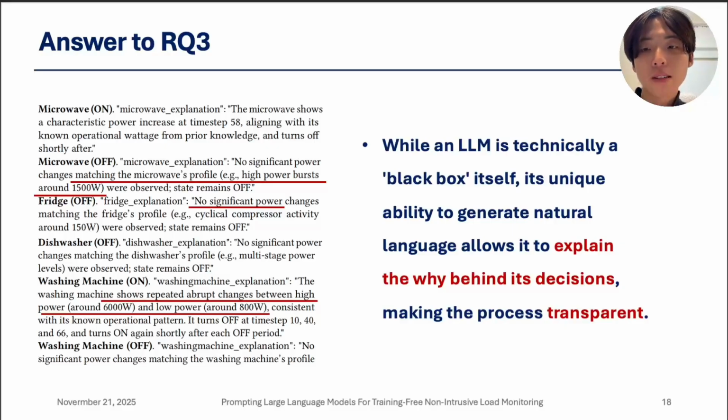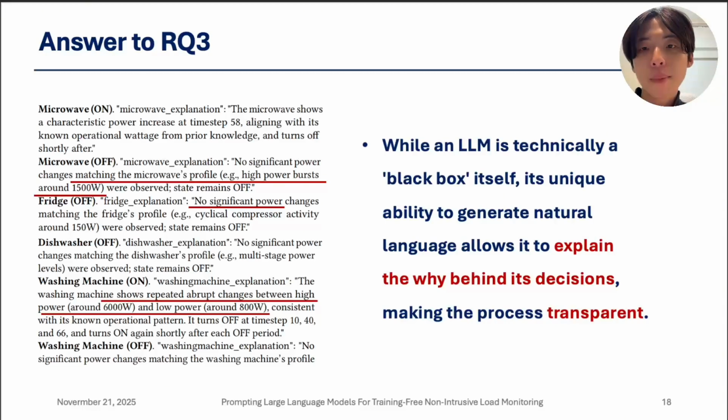You can see on the left, it says matching the microwave's profile and not matching the fridge. All these explanations are human readable and verifiable. Even when the prediction is wrong, the text tells us what the model was thinking. So we can refine the prompt accordingly.